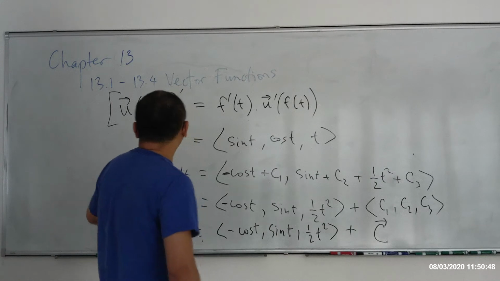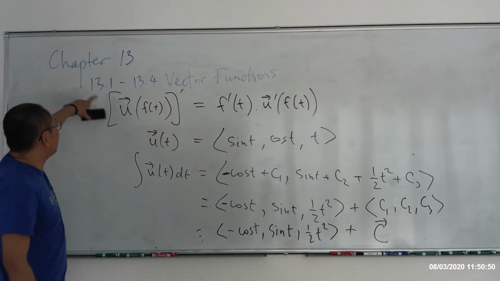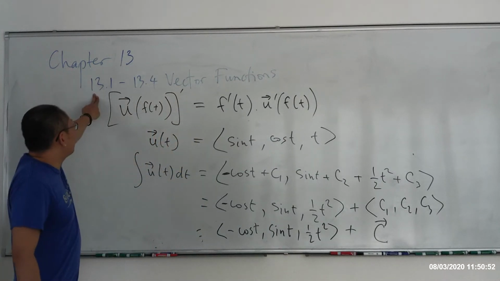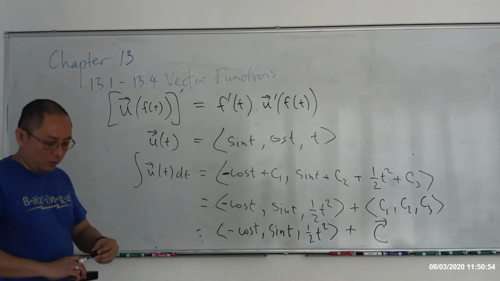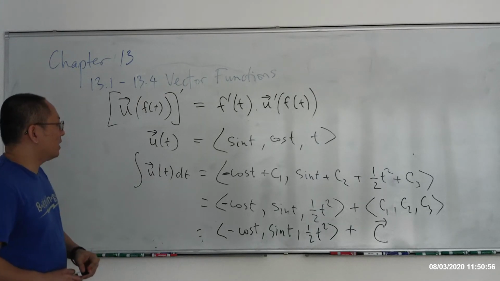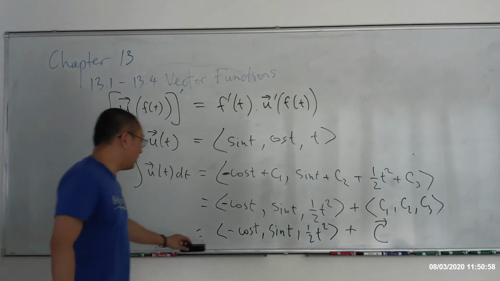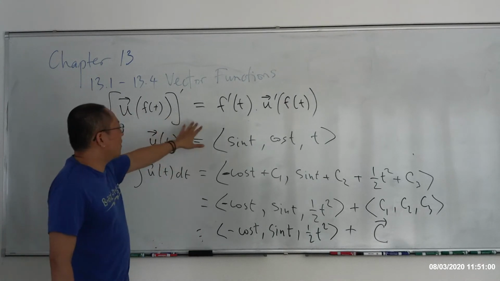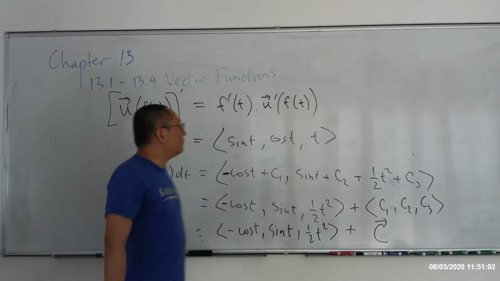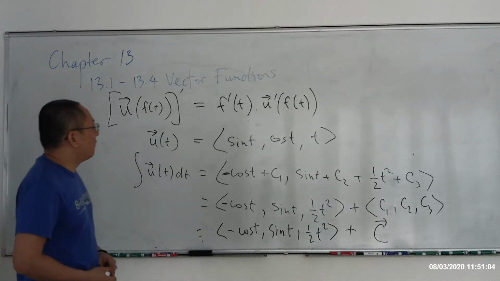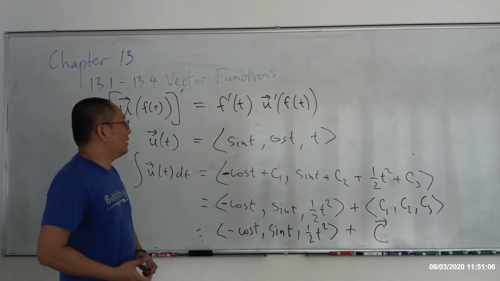All right. So we are at the first 2 sections of chapter 13, section 13.1 and 13.2. We are trying to introduce to you guys the vector function. So pretty much, a vector function is a function of the coordinates of the components.